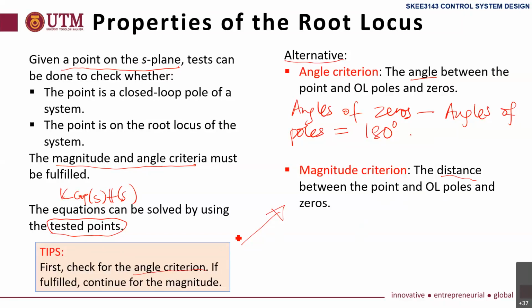We check whether it fulfills 180 degrees or not. If not, then this is not a closed loop pole. If 180 degrees, then this is a closed loop pole. Then we proceed with the magnitude criterion, in which we can obtain the value of K.